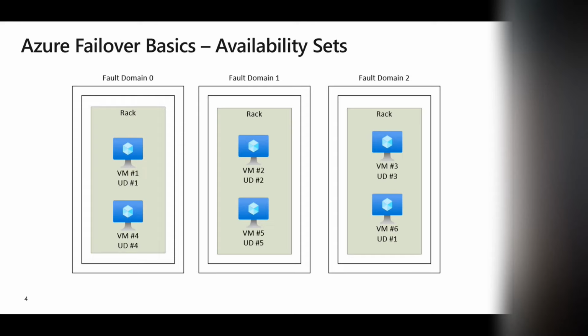So if your application is using availability sets, let's say you have a set of VMs, you deploy them and say they should be part of an availability set. Azure will automatically put them in separate update and fault domains to make sure that if a fault happens or an update happens, your application doesn't go down entirely.